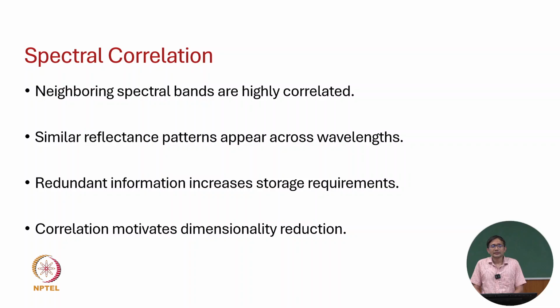We need to keep in mind that the neighboring spectral bands are highly correlated. Redundant information also increases storage requirements, and thus correlation is one of the motivating factors behind this dimensionality reduction that we are trying to pursue today.